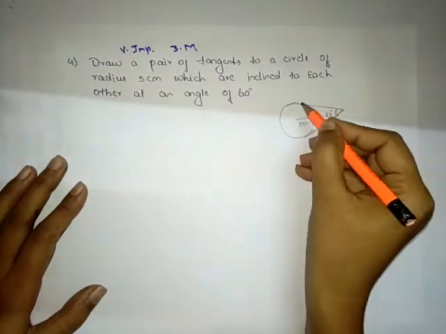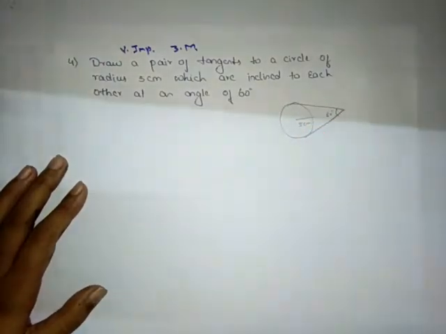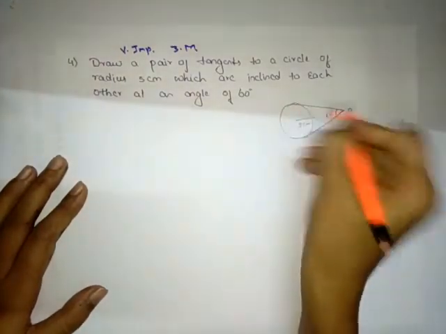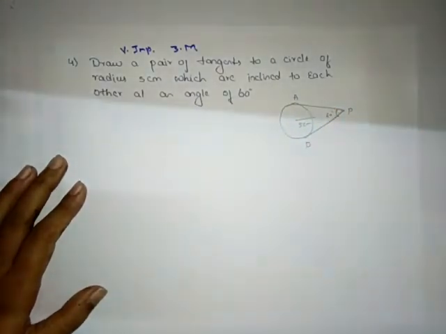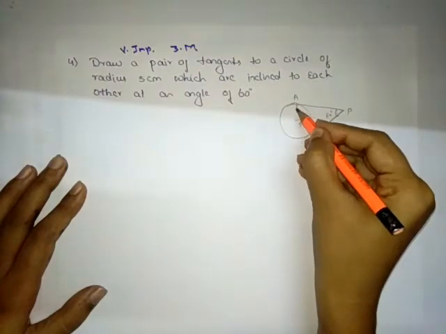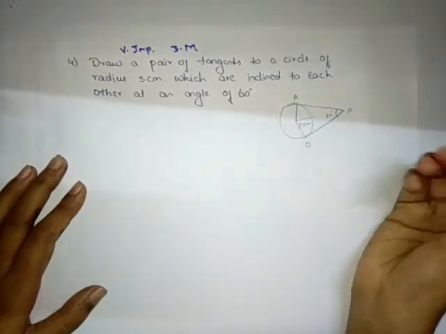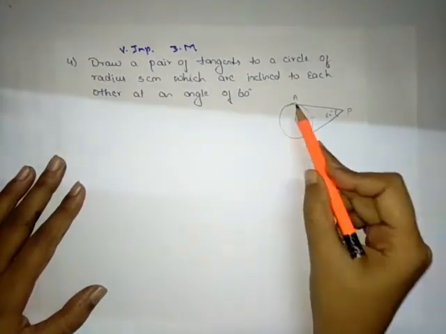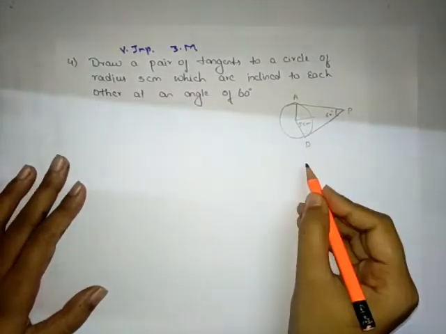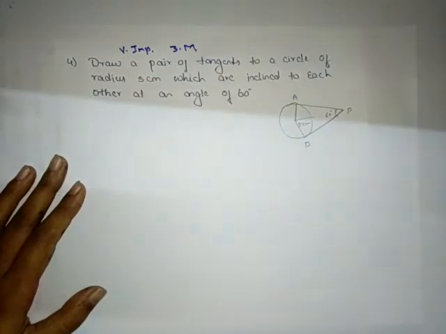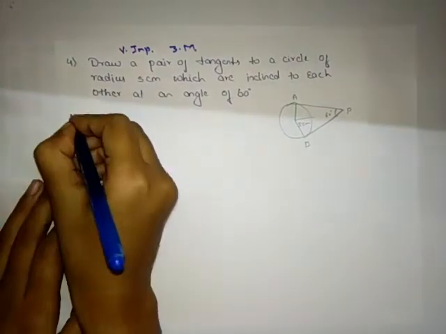For that, first we'll name the points of contact A and B. We'll join these two radii here, right? And you also know that this is a quadrilateral having 4 sides, isn't it? Now we are going to use the quadrilateral concept, that is the solution.